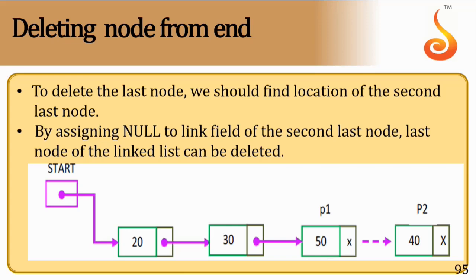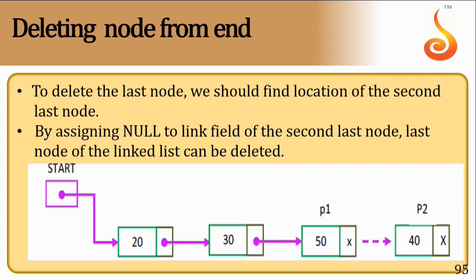So when I free P2, I should be able to get where is the last but one node, because you cannot leave it as it is. The last but one node at present before deleting the last node would be pointing to the last node in the list. So when I take out the last node, then the last but one node should become the last node. How do I make it? By making the link part of it point to null.